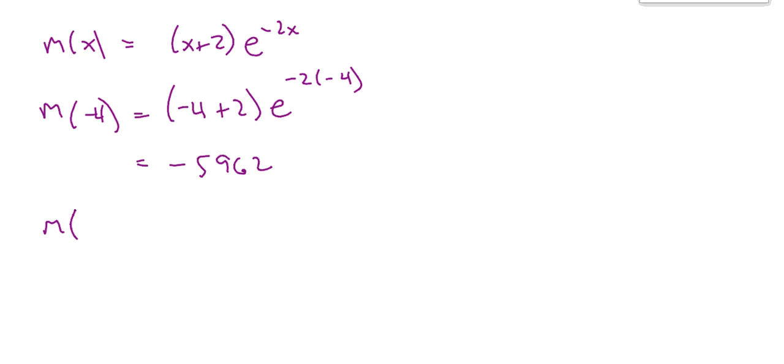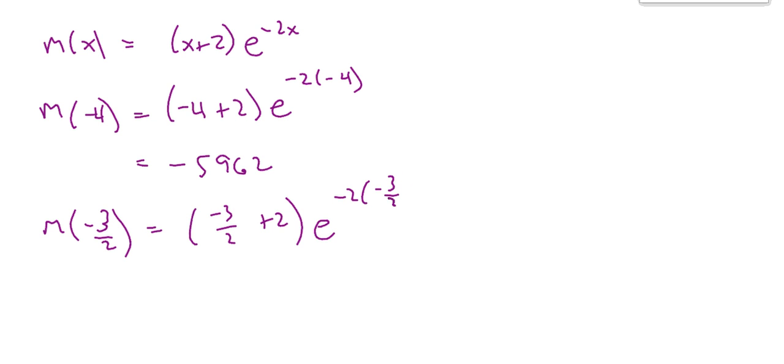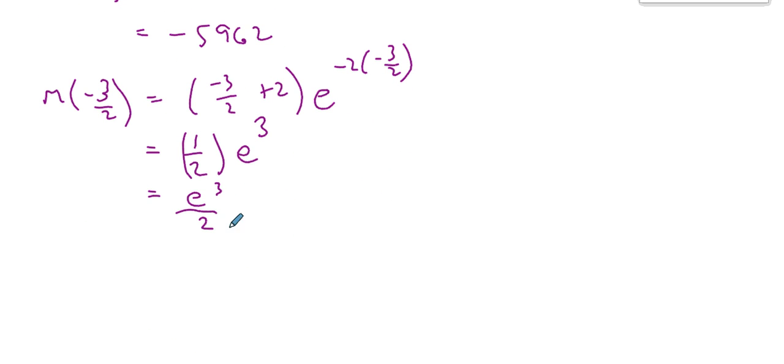If I test the critical value of negative 3 over 2, subbing that in, negative 3 over 2 plus 2, and then e to the negative 2 times negative 3 over 2. This actually works out quite nicely to be an exact expression, and certainly for next year you want to get used to writing exact expressions.